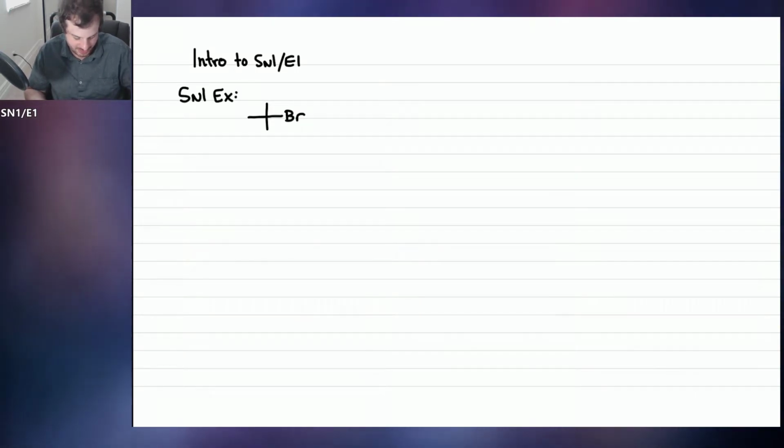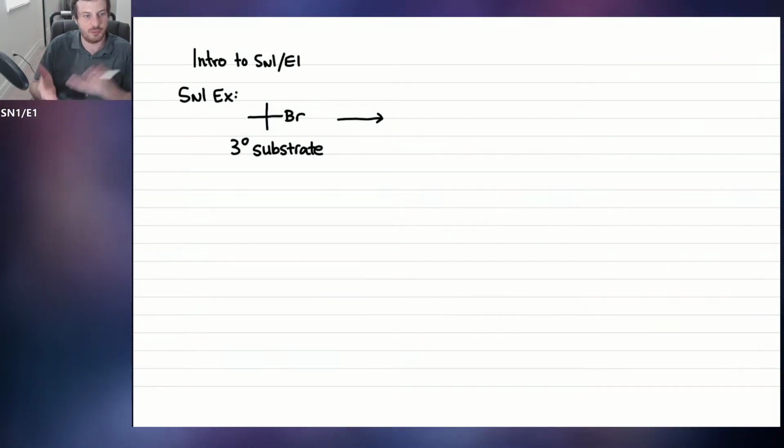Those are the best. And the reason is that secondary and primary substrates don't stabilize carbocations very well, and we'll see that that's important in the mechanism. It's also interesting to note that the tertiary substrates are really bad at SN2, so that makes SN1 a nice complement to SN2.